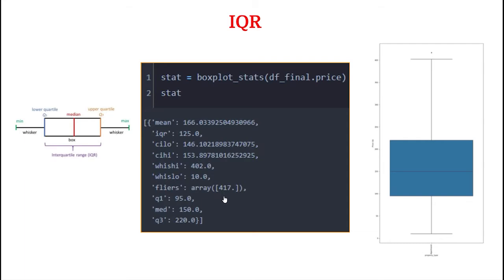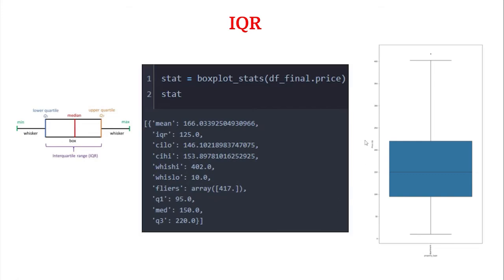That means we have an upper limit of Q3 plus 1.5 times IQR, and this value lies beyond that range. That's why it is called a flyer or an outlier. The outlying value is shown here in this box plot. You can see this tiny dot is above the maximum limit of the box plot. The value of this tiny dot is 417.